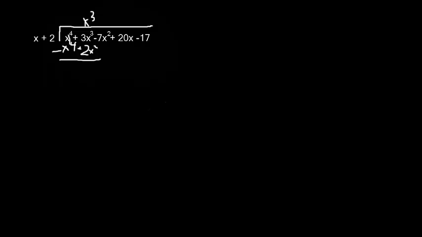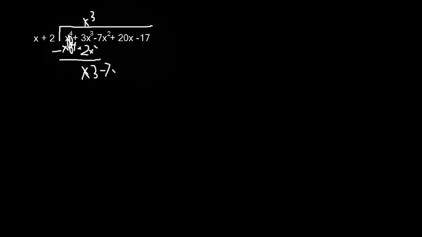These obviously cancel out, and we're left with 3x cubed minus 2x cubed, that's an x cubed. Not to be confused with x times 3, right there. Okay, x cubed. Then you bring the negative 7x down, just like you bring numbers down in long division.